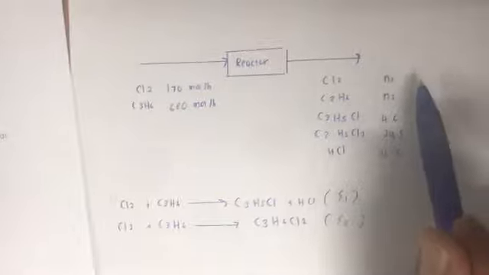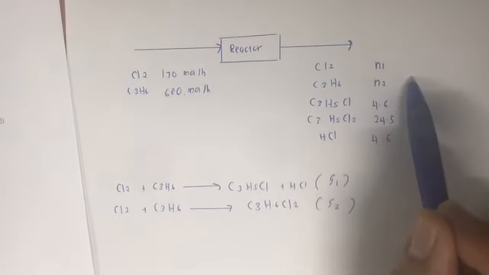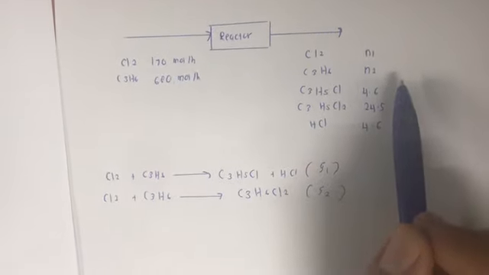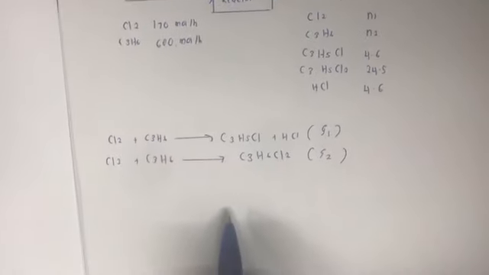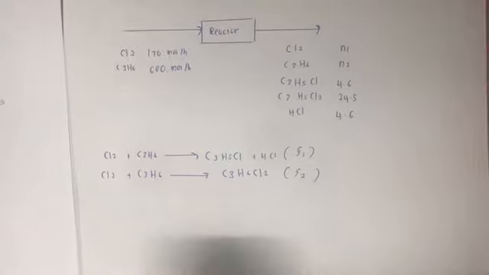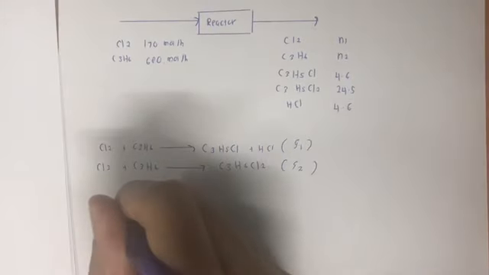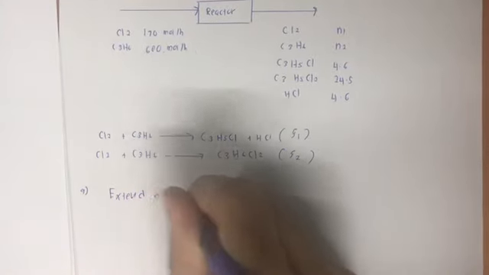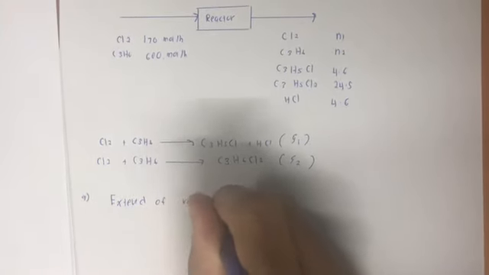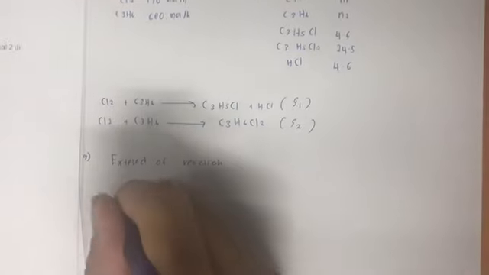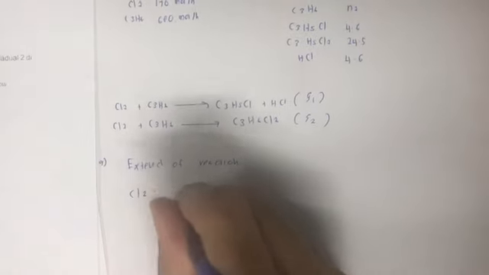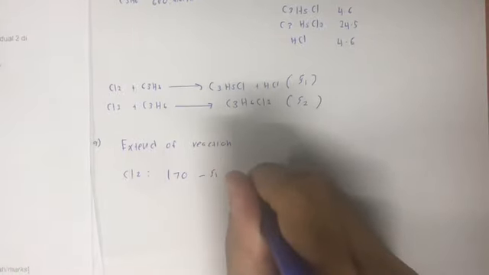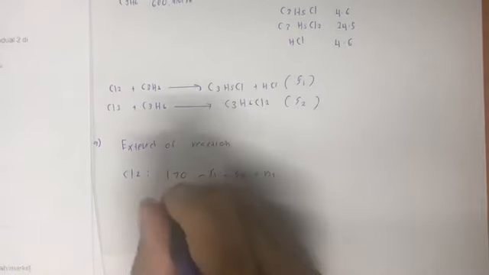Here we must find N1 and N2 in terms of mole per hour. In this case of study, we must find the extent of reaction first. So we start with Cl2 first. It is equal to 170 minus C1 minus C2 is equal to N1.